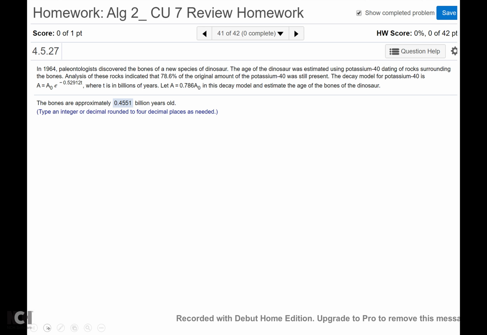The decay model for potassium-40 is A equals A sub naught e to the negative 0.52912t, where t is in billions of years, and it says let A equal 0.786 times A sub naught in this decay model and estimate the age of the bones of the dinosaur. I don't know why they got to go through all that stuff.